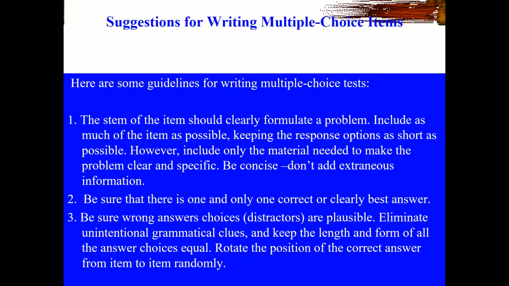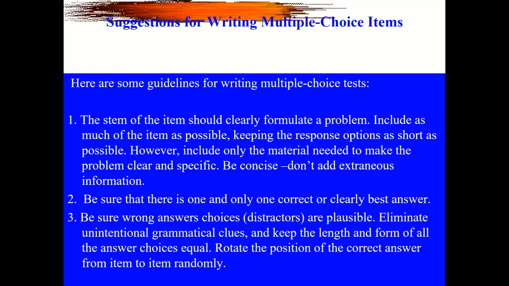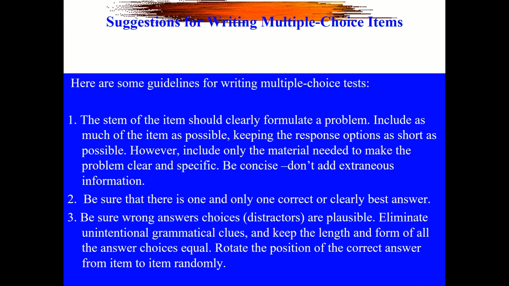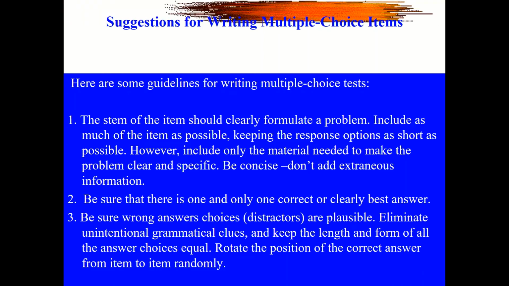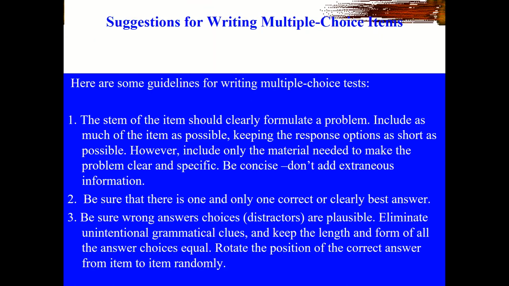Usually, the reason behind this is that longer statements usually are the correct answers. You can rotate the correct answer from item to item randomly. Another way in writing the options is to arrange them in alphabetical order, or in a logical order.